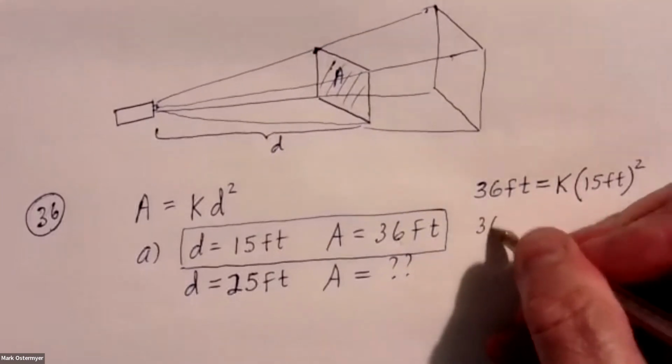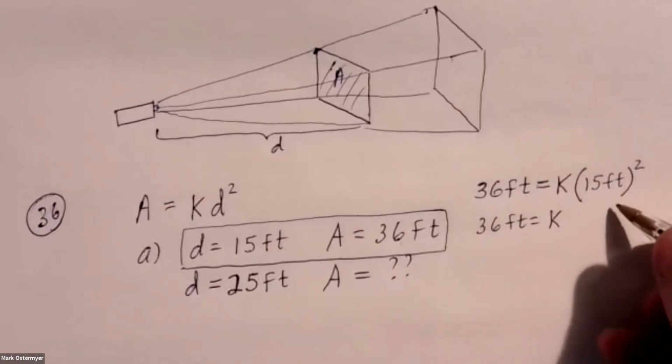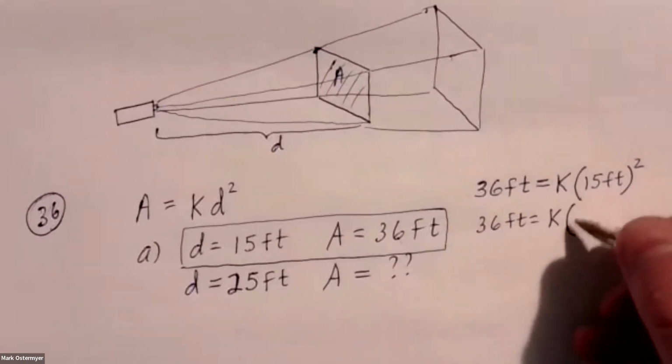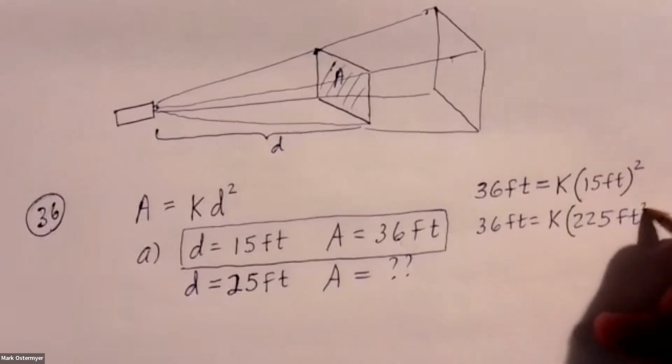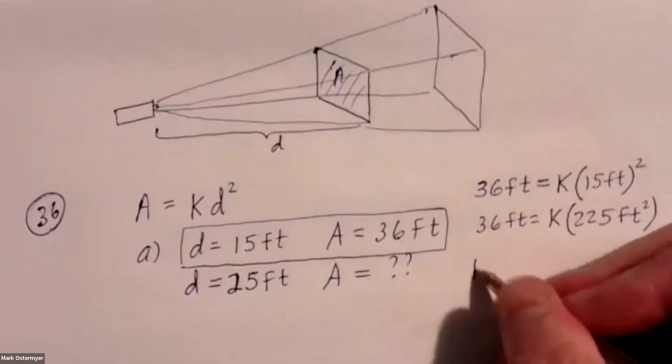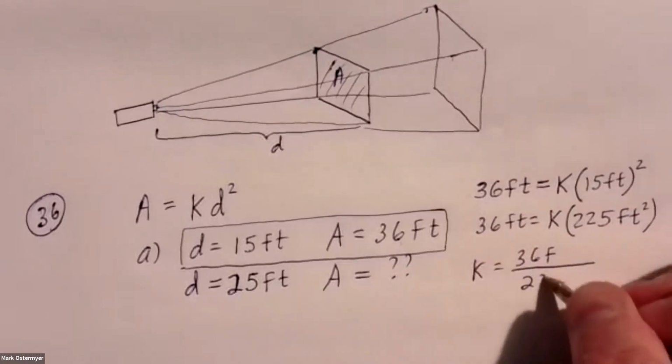All right, so we've got 36 feet is equal to K times, what's 15 feet times 15 feet? I believe it's 225 square feet. To find K, I'm going to have to divide 36 feet by 225 square feet.